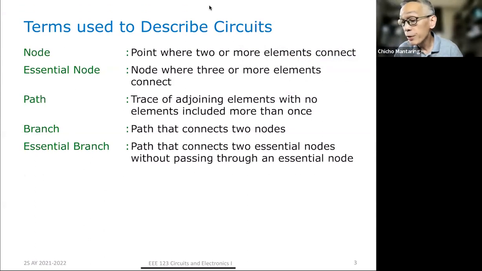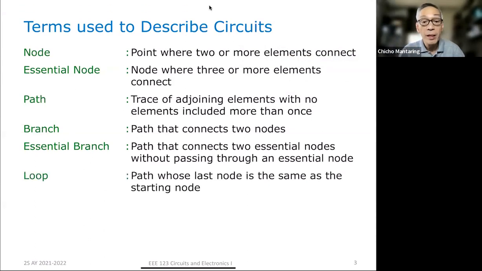Okay, let's continue. A loop is a path whose last node is the same as the starting node. I've been using the term loop already quite a number of times, particularly when we were discussing Kirchhoff's voltage law, because Kirchhoff's voltage law is the sum of voltages around a closed path or around a loop.